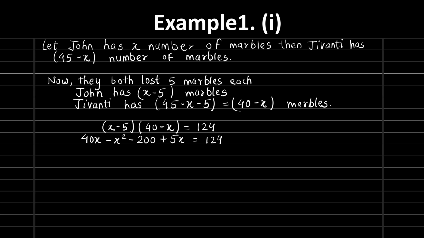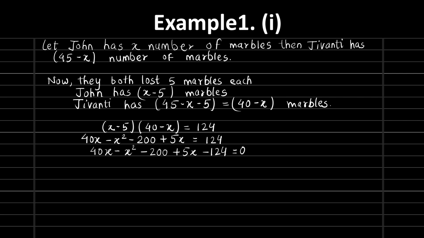Now, if we bring 124 to the left hand side, we obtain 40X minus X square minus 200 plus 5X minus 124 equal to 0.